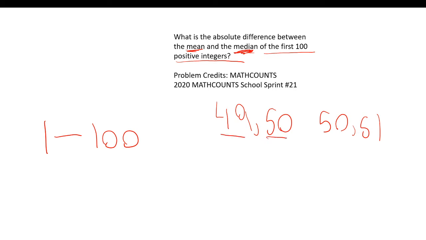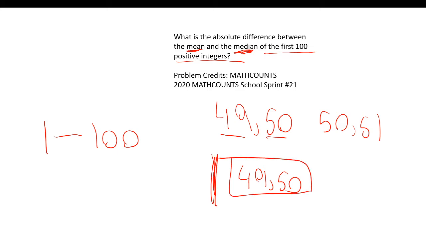So if I try 49 and 50, we're going to check how many integers are on each side. I'm going to circle this, and we're going to create some lines.